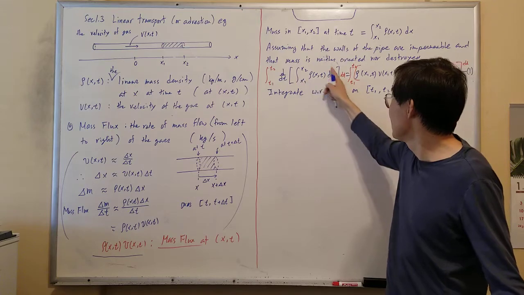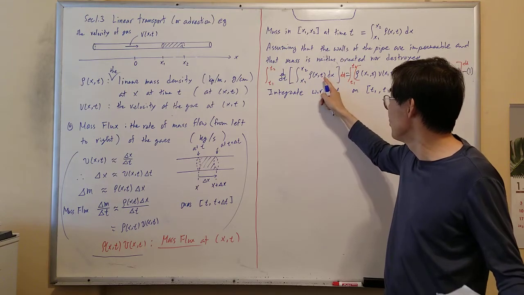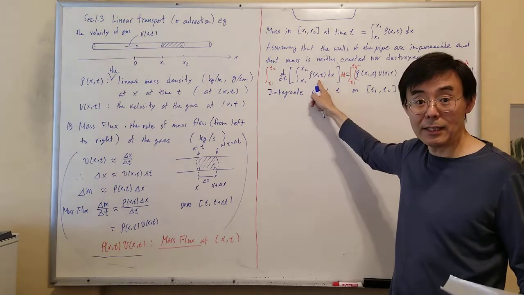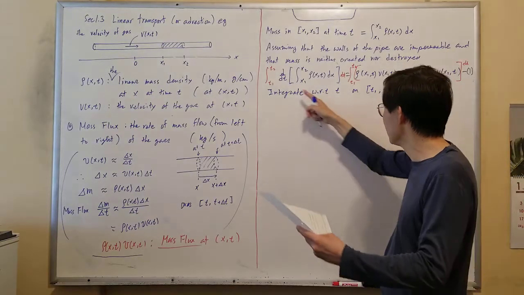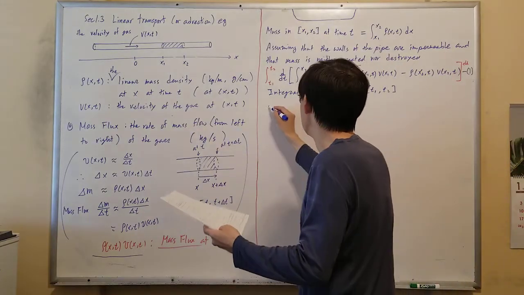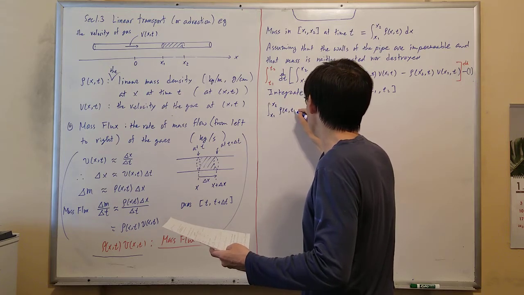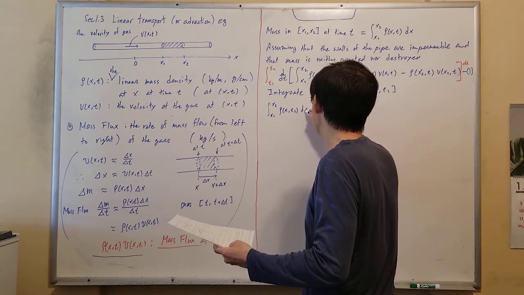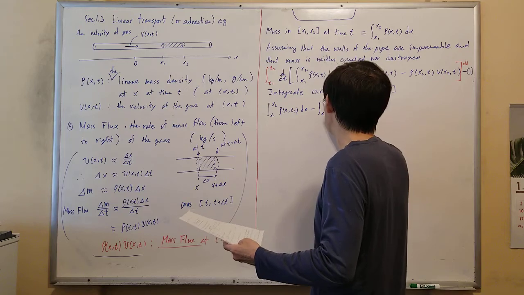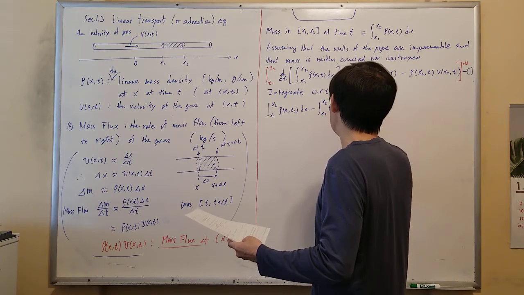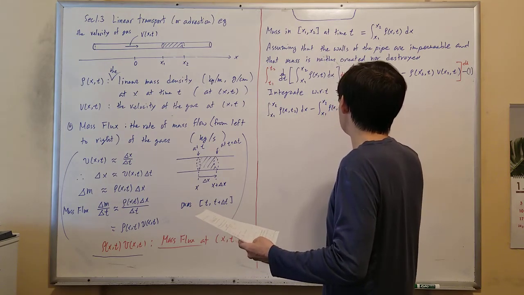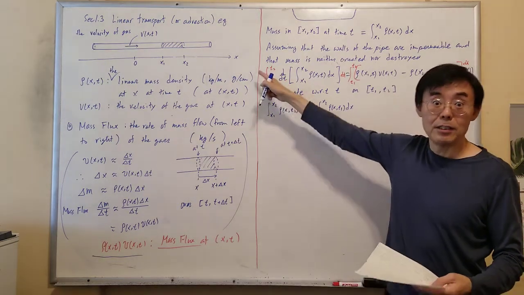So this inside function at t2 minus this inside function at t1, right? So this will be rho x,t2 minus rho x,t1. See? Differentiate and integrate.